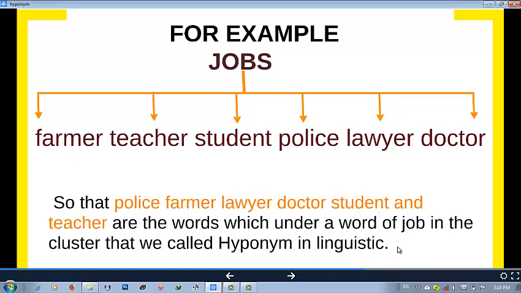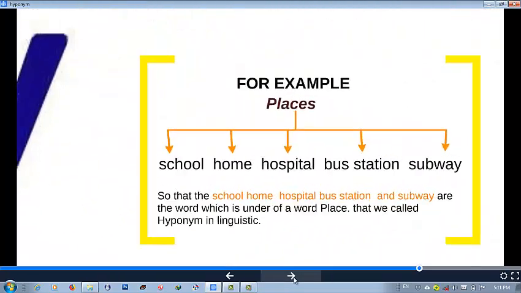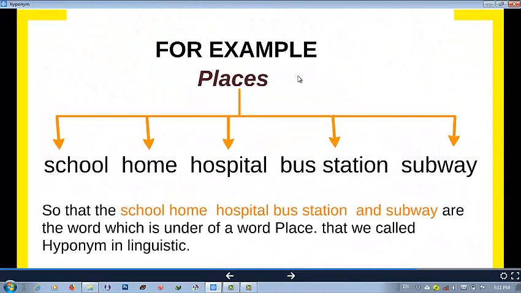Alright, it is very similar but different in its example. I have one more example in this video, and it will make the hyponym clear. Here we go. So here it is talking about places.